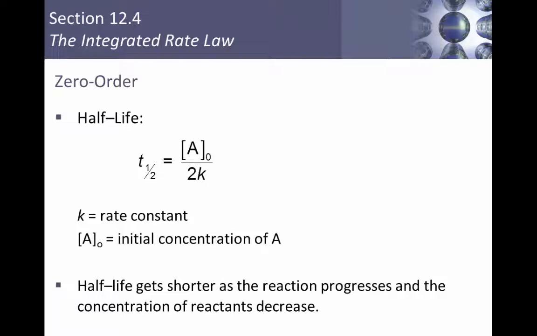We double K, and the half-life gets shorter as the reaction progresses and the concentration decreases. So that's how you're able to tell which half-lives you have. First order doesn't depend on concentration at all. Second order, your half-life gets longer. Zero order, your half-life gets shorter.